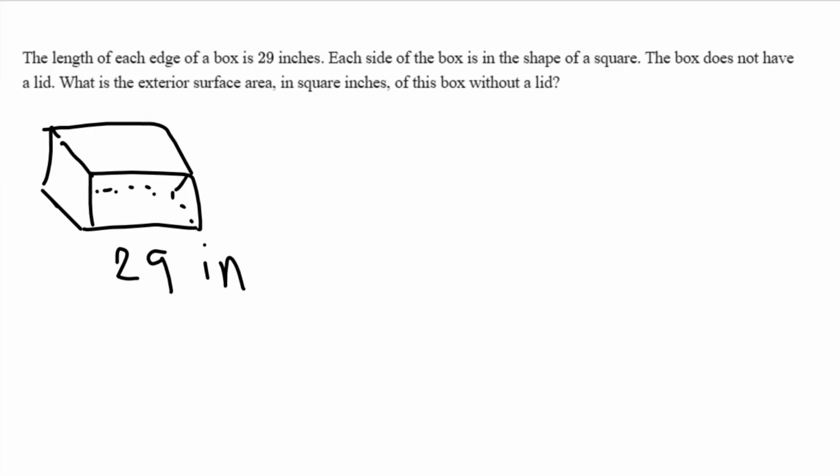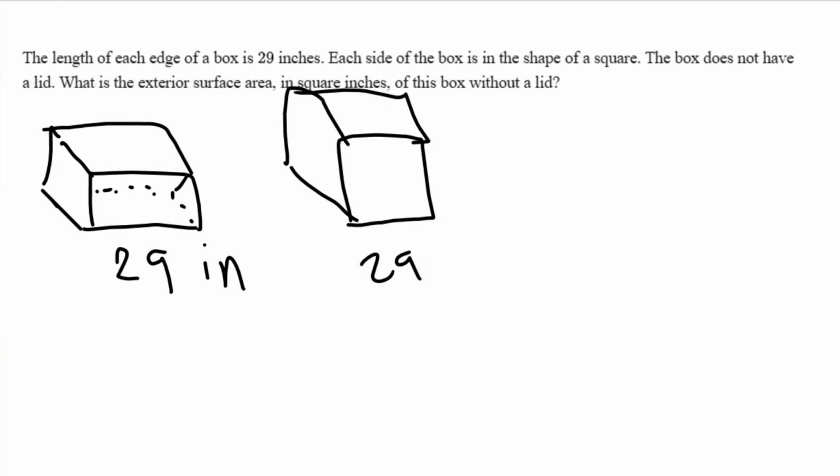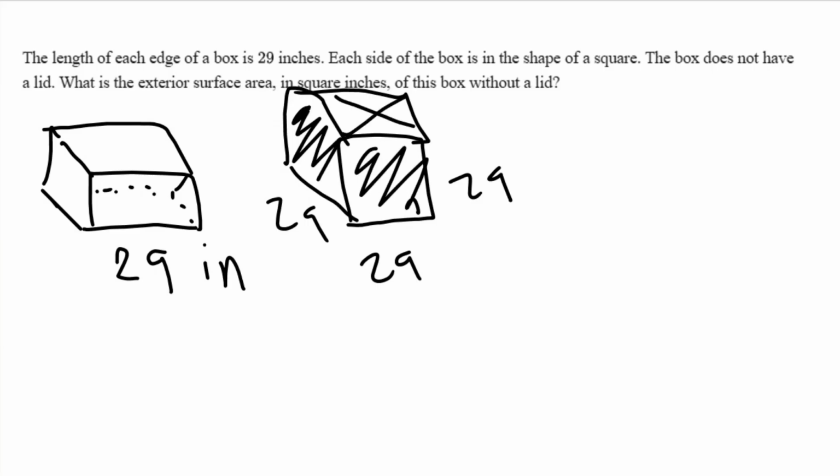So maybe instead of following the box like I drew, it's going to be more like that, right? 29, 29, 29, all the way around. The box does not have a lid. So you've got a side here, got a side here, but no side there. What is the exterior surface area in inches of the square box without a lid?